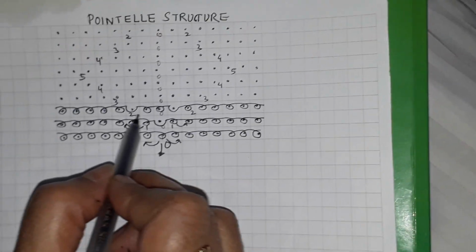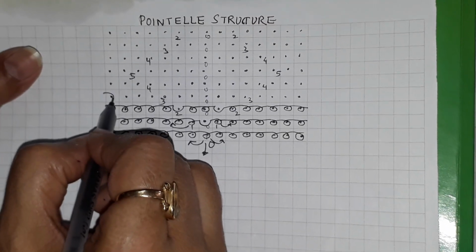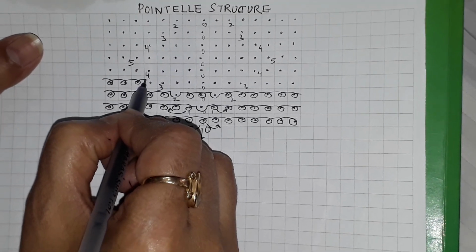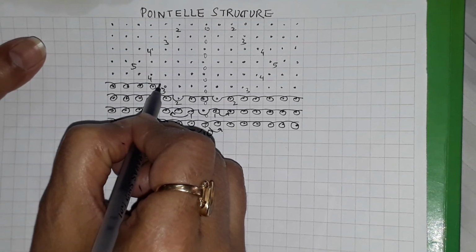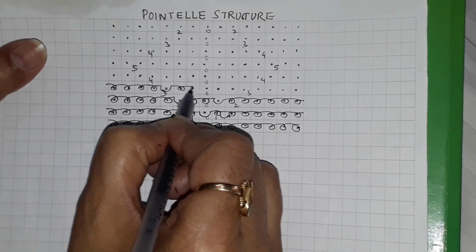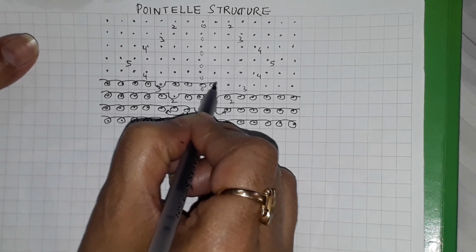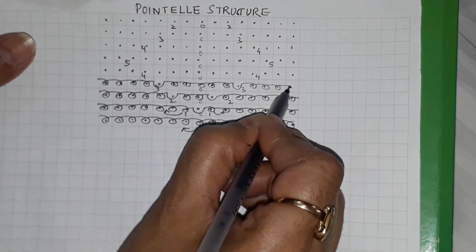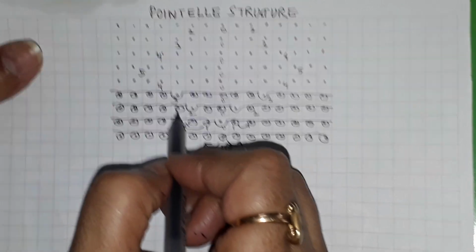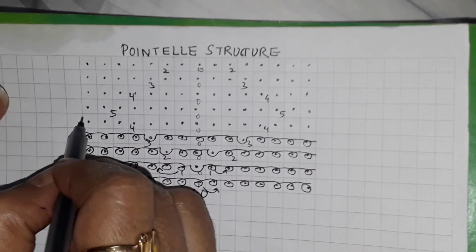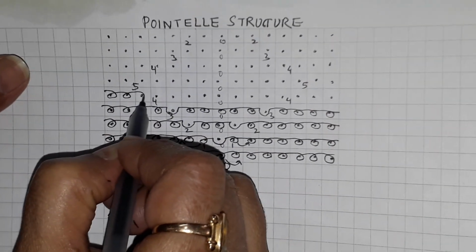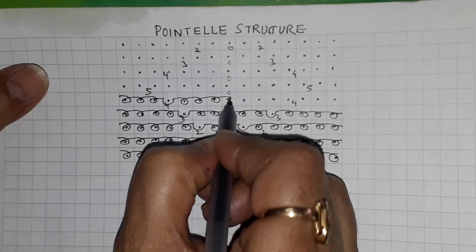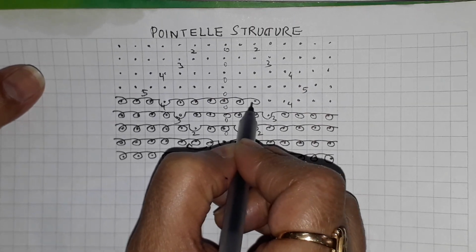Can you see how it started taking the shape of a V? Inside it just makes tuck stitches. It looks like a tuck, but it's not a tuck, because it becomes an empty needle. Therefore it just takes the yarn and it creates a hole.